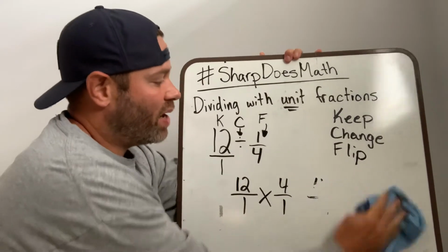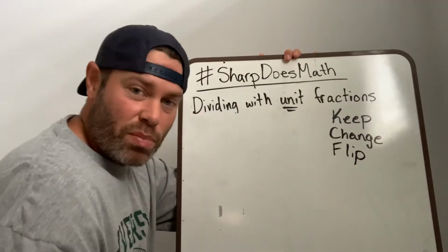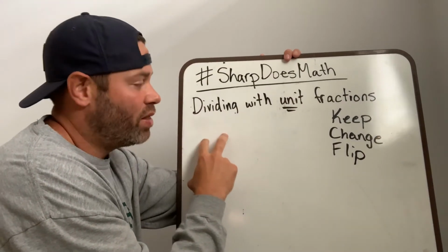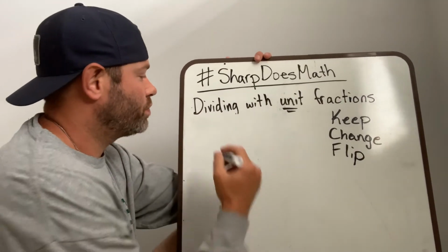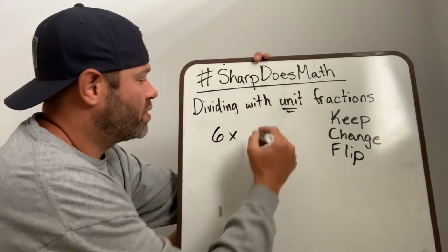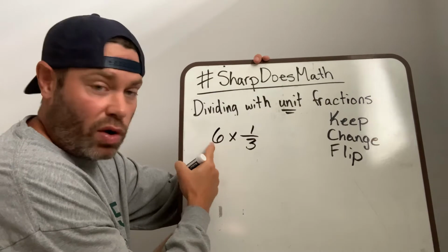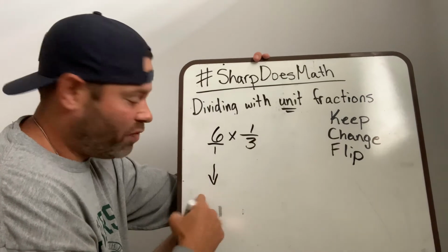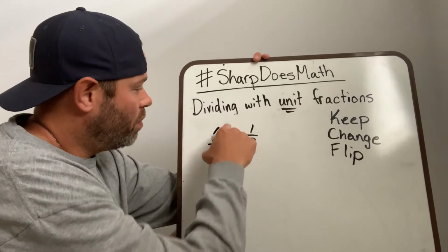So I'm going to go through that a couple times so you can kind of see what I'm talking about. It doesn't matter whether your whole number is first or second, you always keep the first part and you flip the second one. So here's another one. Let's say I have 6 divided by 1/3. Remember, your whole number, you just put that over 1. So down here, I'm going to keep the first part. So I'm going to keep 6 over 1. Oh, messed that up there.